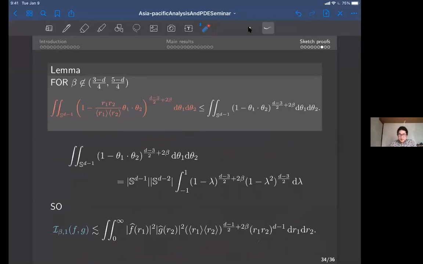For beta outside the gap, this red thing is smaller than this guy, which doesn't depend on the radial information. And this is exactly what we saw in the wave case.